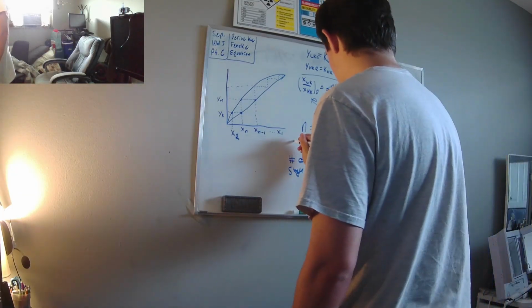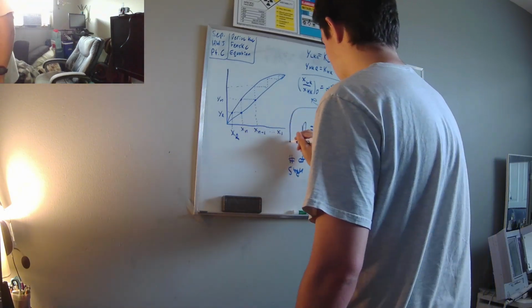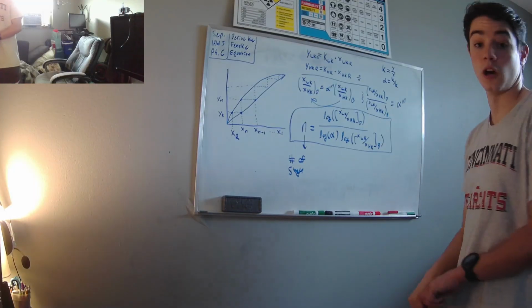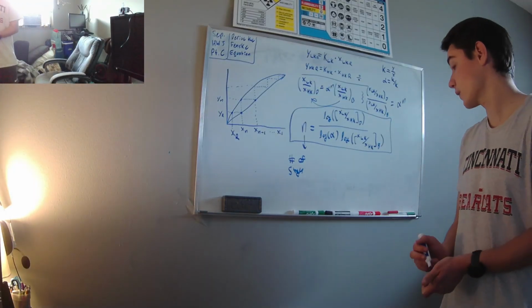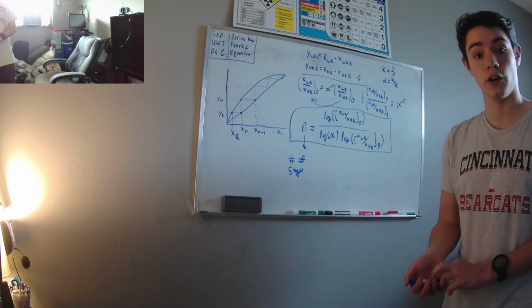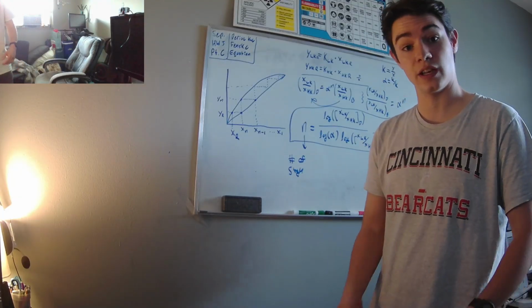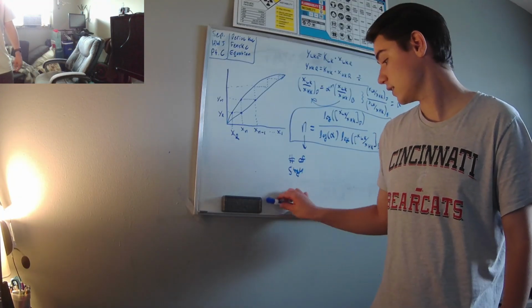And this expression right here is our Fenske equation for our number of stages. So moving on to the next part of part C, we're going to derive the Underwood equation, which goes hand in hand with the Fenske equation here. So let's go ahead and move on and derive that.